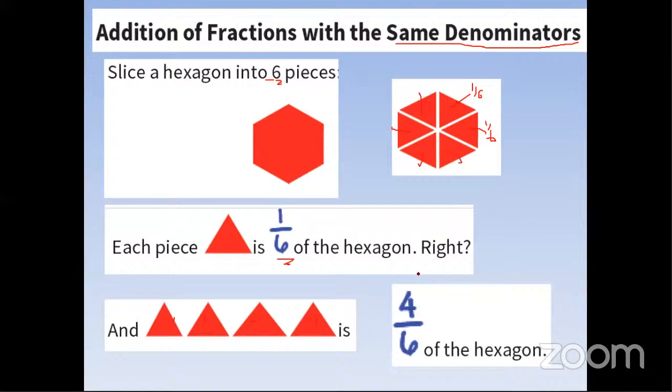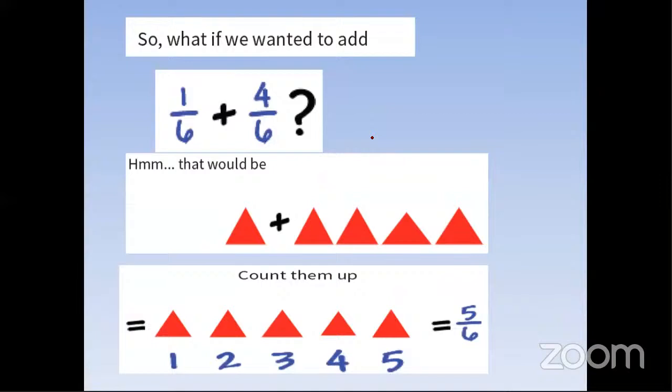Okay? So if you would like to add, what do you do? If you want to add this piece here to this other one, you just combine them. So we will have 1 out of 6 plus the 4 out of 6. So you're combining this 1 piece and these 4 pieces.